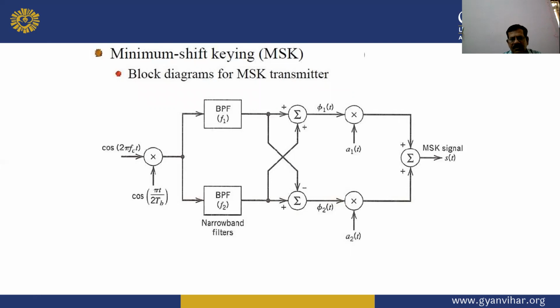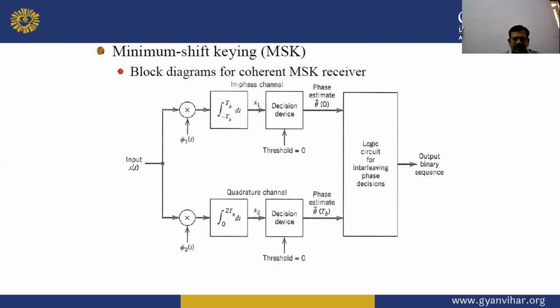And after multiplication of the two signals in two different multipliers, the output is taken from the summation of these two multiplier outputs, and that is the MSK signal. That is the output taken from the output summation network, that is s(t). So this is the block diagram of the MSK transmitter.